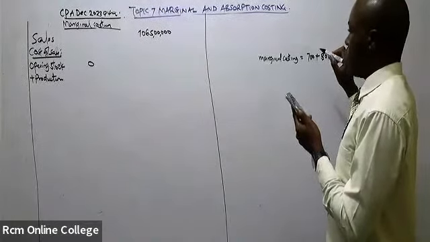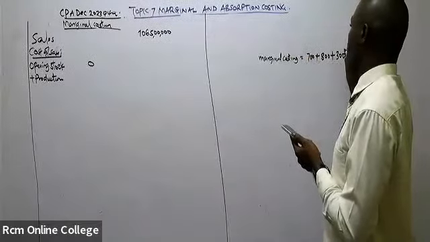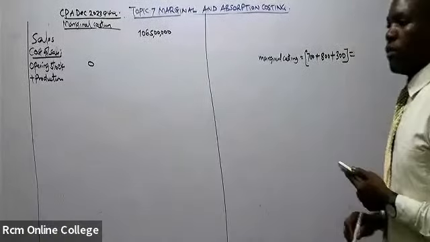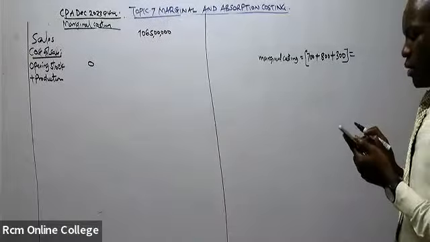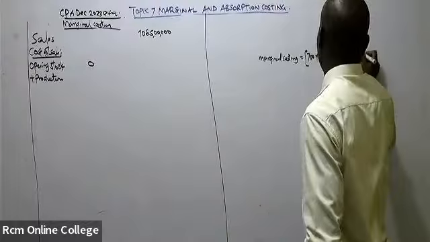Then I can see the fixed overhead. So the fixed overheads cannot be part of the marginal cost. We only stop at this point. What is our marginal cost per unit? Marginal cost per unit, 1,800.